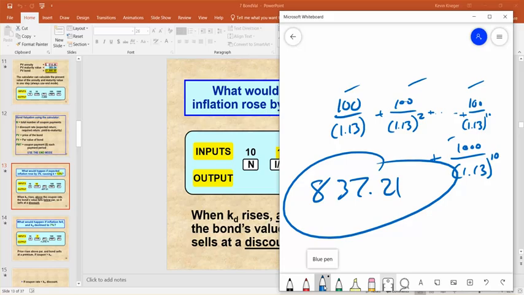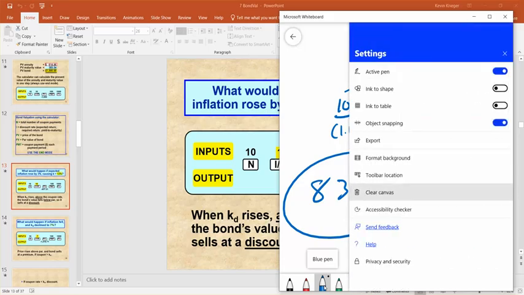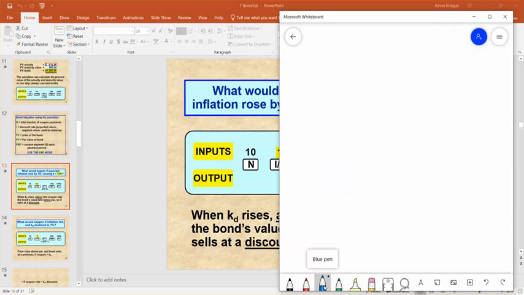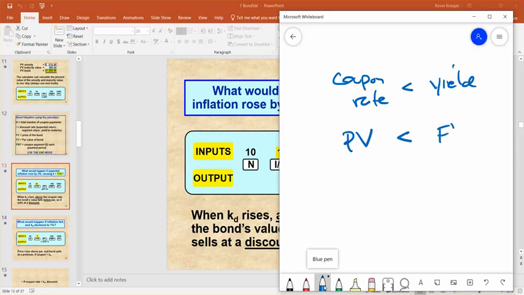This is called a discount bond, as our slide there says. Knowing this terminology is really important. It's a concept thing that gets asked about for points, of course. When your coupon rate stays the same but your yield goes up, now your present value is going to be less than your face value, your face, maturity, par value, which is your future value on your calculator.